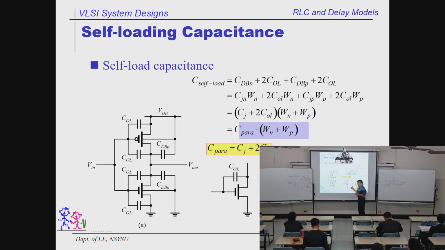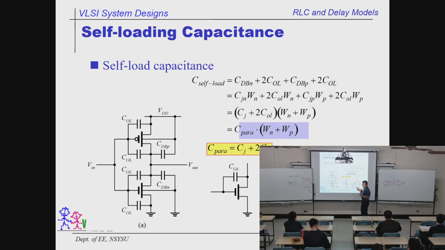Follow the Miller theorem. If you don't understand the Miller theorem, please go back to your sophomore textbook. Basically, any capacitor whose both ends are not shorted to the power or shorted to the ground, they can be cut into half and doubled, on the input side and output side.